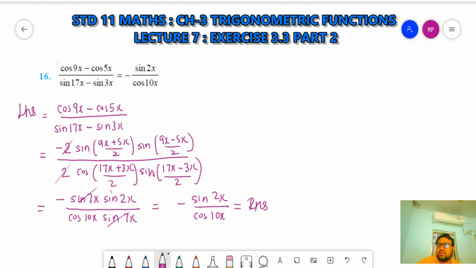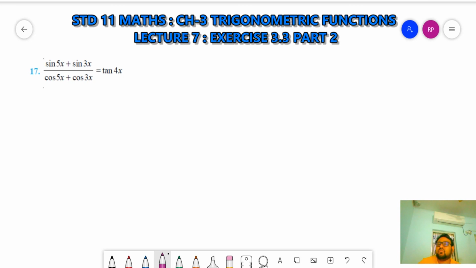Now let's move to the next, that is question number 17. Question 17: (sin 5x + sin 3x) upon (cos 5x + cos 3x) equals tan 4x. Okay, it is similar to question number 16.